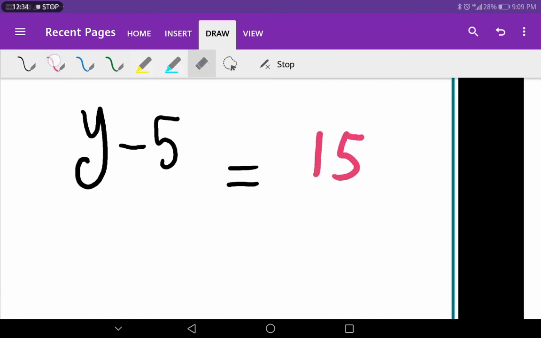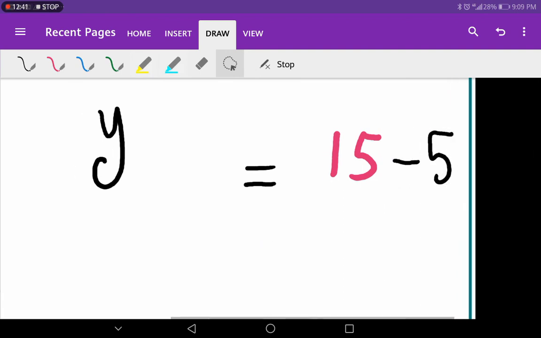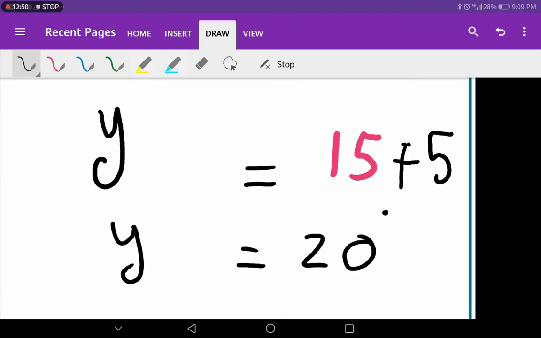Now we have to move this guy to this side. It will be plus, sorry, so y equals 20.